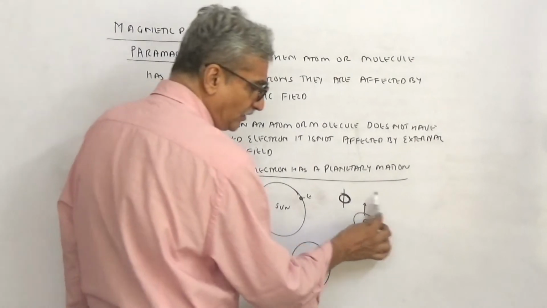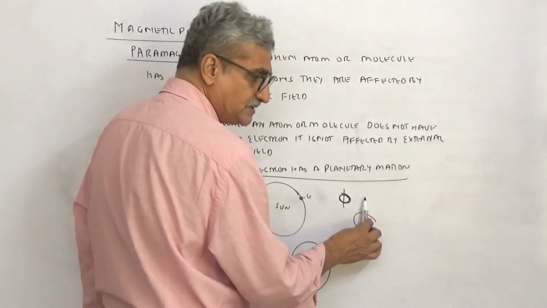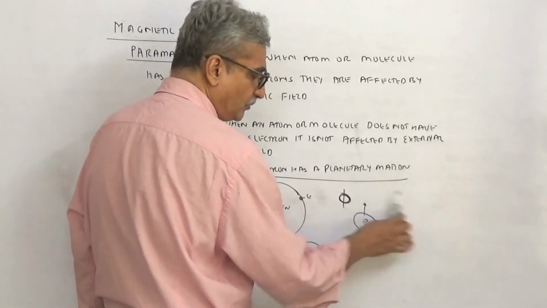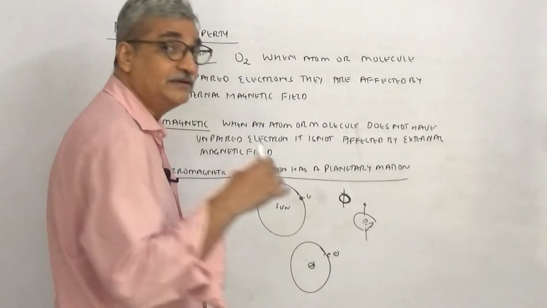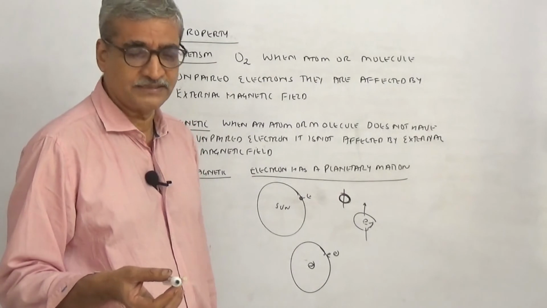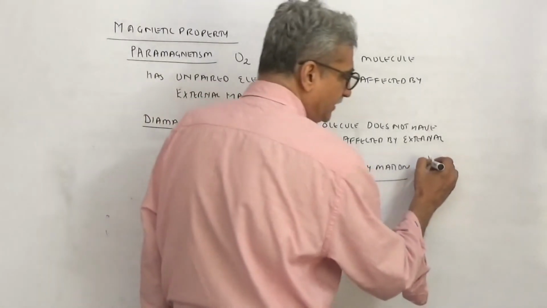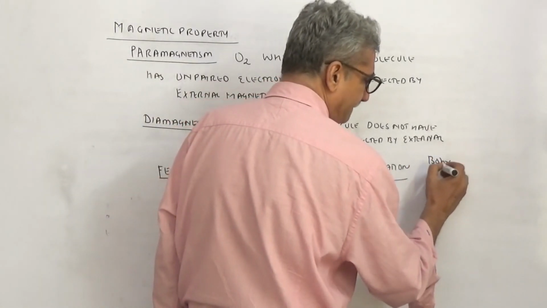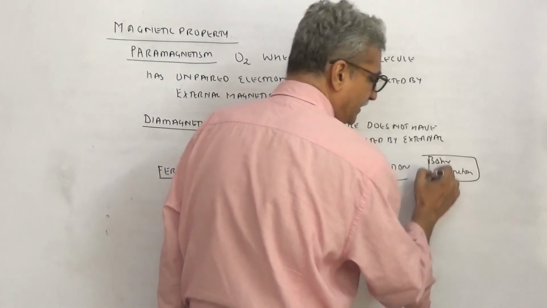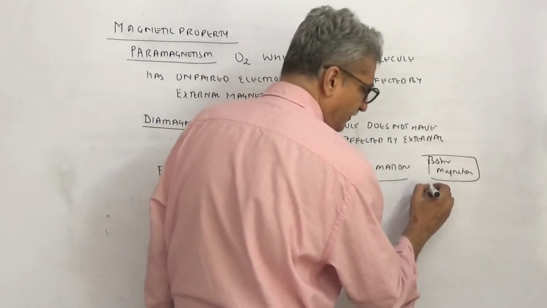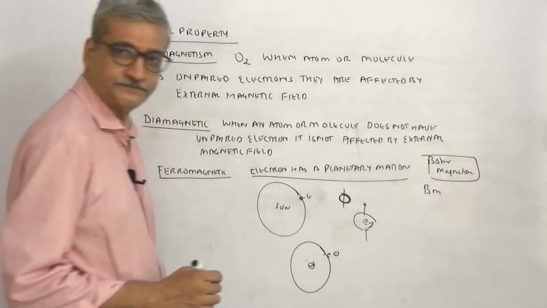If all the electrons are paired, one is south pole and the other north pole, and they cancel. But when there is an unpaired electron, an extra magnetic moment is created, measured in a unit called the Bohr magneton, BM.